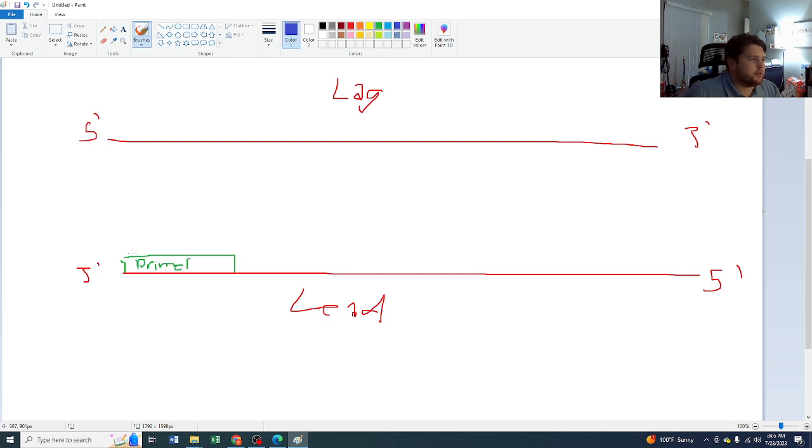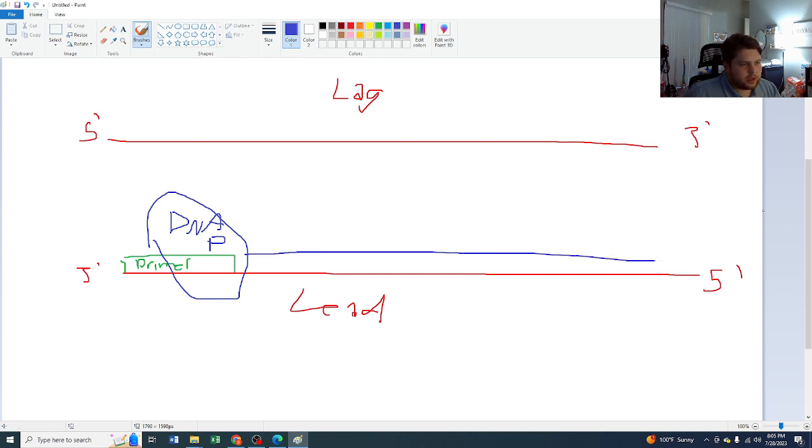This is going to allow DNA polymerase to come and bind and head down its merry way, building a second strand of DNA, 5' to 3'. And that's just going to keep on going until we've replicated this whole chunk of the strand.